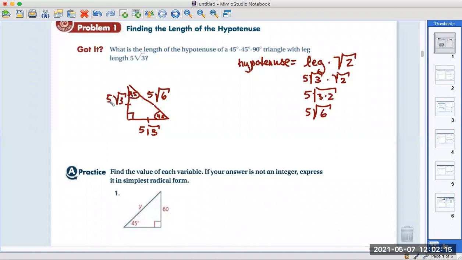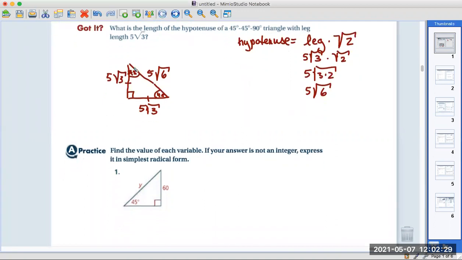Now, if you're wondering what these numbers mean, if you use a calculator, you can plug them in and find a decimal approximation of how long these legs and hypotenuse really are. But for math purposes, we use the radical form for an answer because it's more accurate.